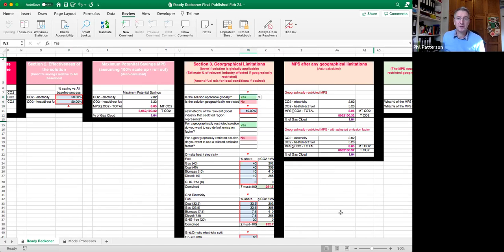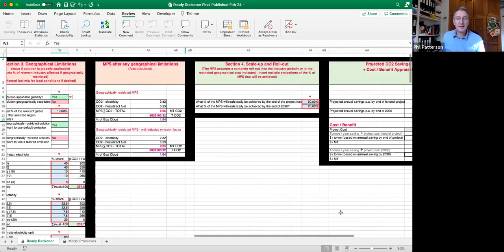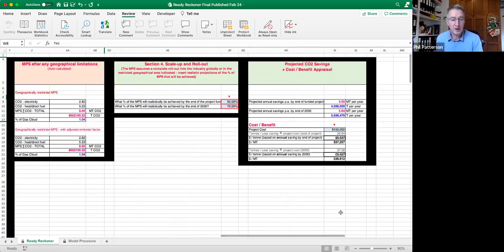there's no geographical restriction. Now, in terms of the scale up of introducing a new dye, it's a massive industry, it's global, there's lots of dye houses, so it's likely to be quite low by the end of the funded project. So I'm going to put in here 2% of the maximum potential savings affected by the time we get to the end of the funded project.